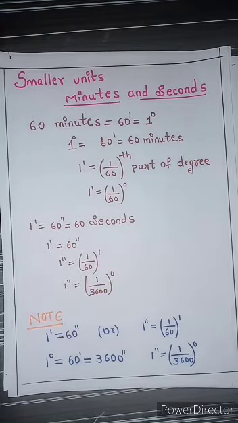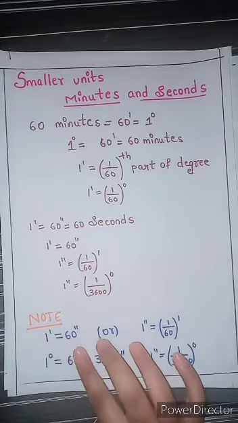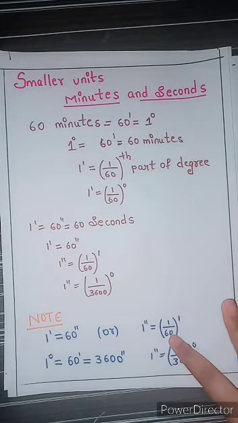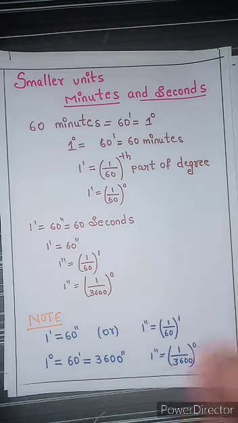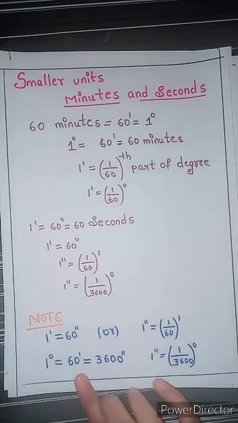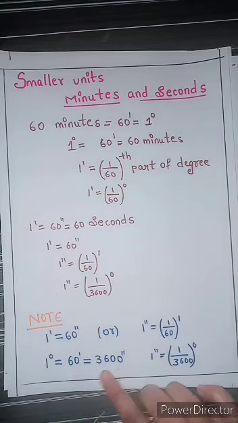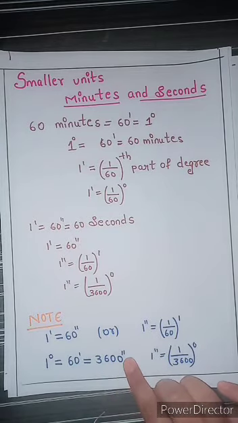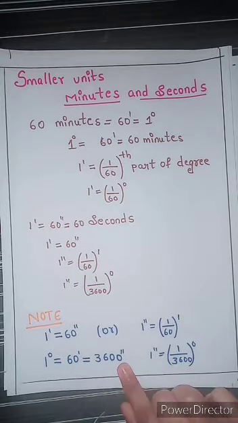And now let's try to understand some interrelations which will be helpful for us for solving further problems. Now 1 minute is equal to 60 seconds, or 1 second is equal to 1 by 60 minute. 1 degree is equal to 60 minutes, and 1 degree is also equal to 3600 seconds.